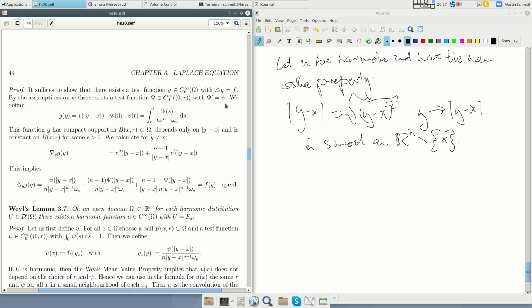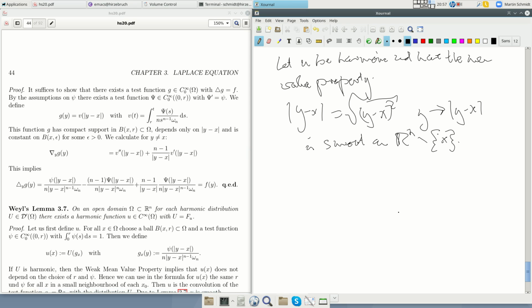an antiderivative of small psi. Now let's draw a picture. We have our function psi. Here is r. So here we have our function psi. Okay, this is the function psi.